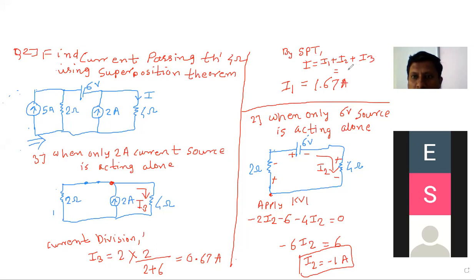So what is the I1 value? 1.67, plus, sorry, it is minus 1, no? It is minus 1. And next plus, what is that value? That is 0.67. So what will be the final answer?